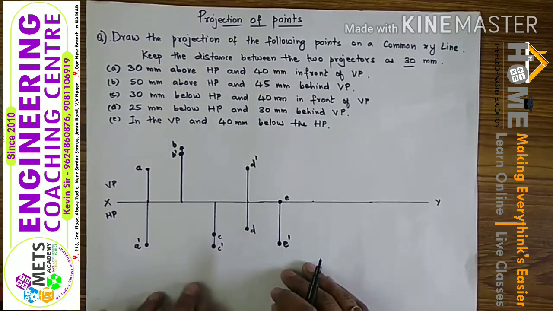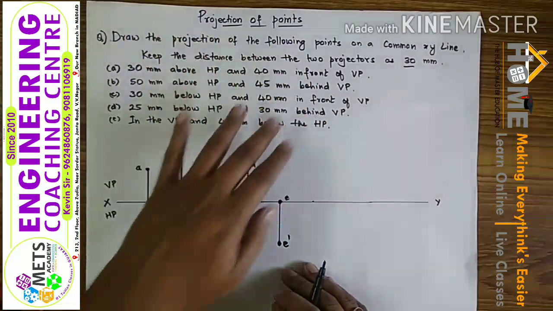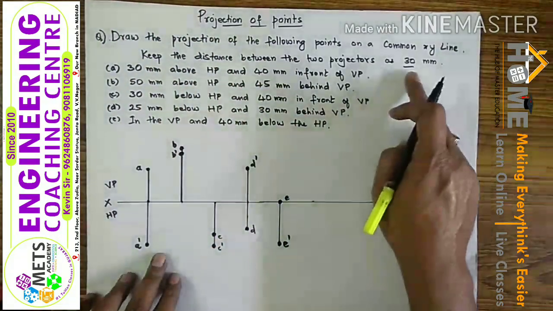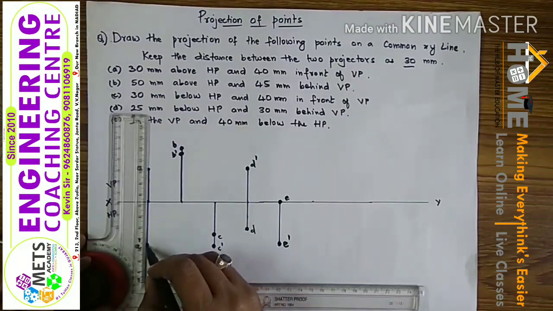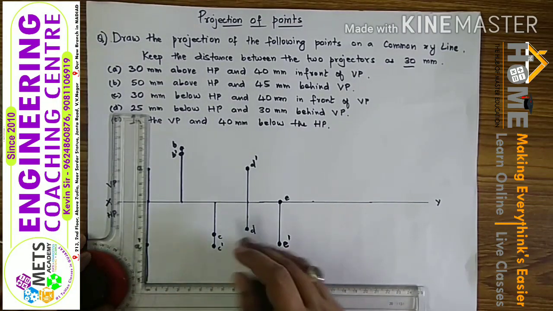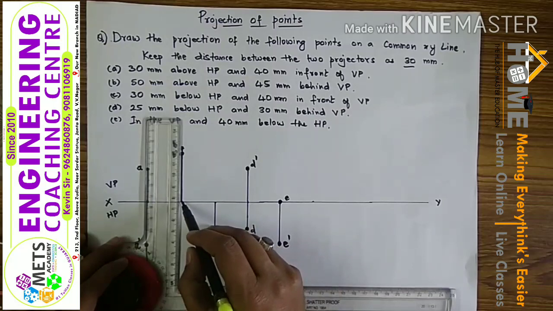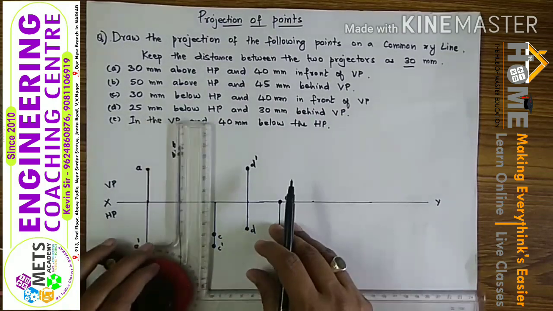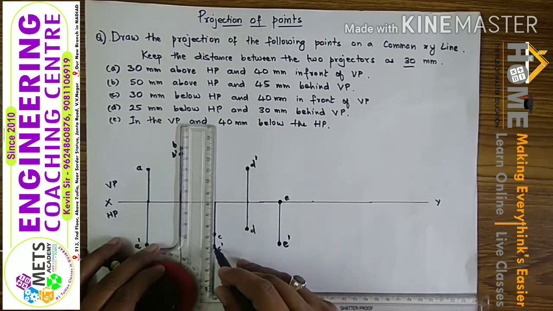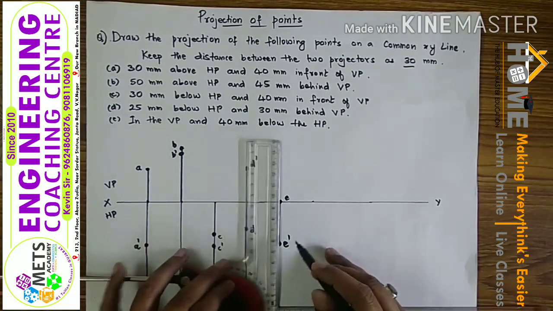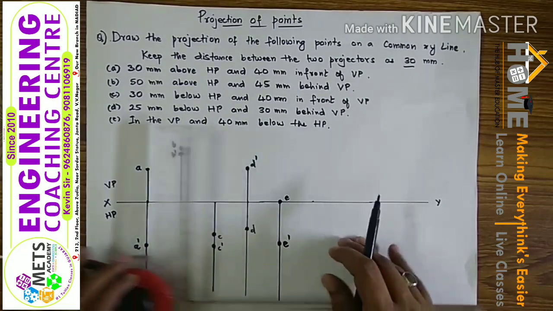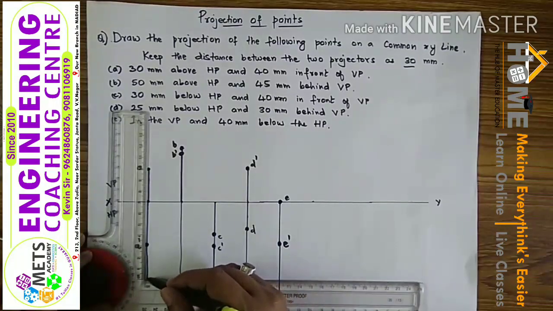Then according to whatever dimensions are in the question, this 30 mm, you have to do all those dimensions from here. This one, this one, this one. How much is the dimension? 30 mm.